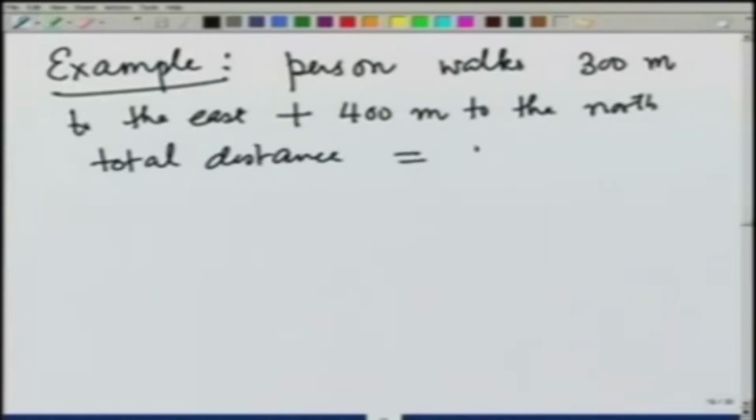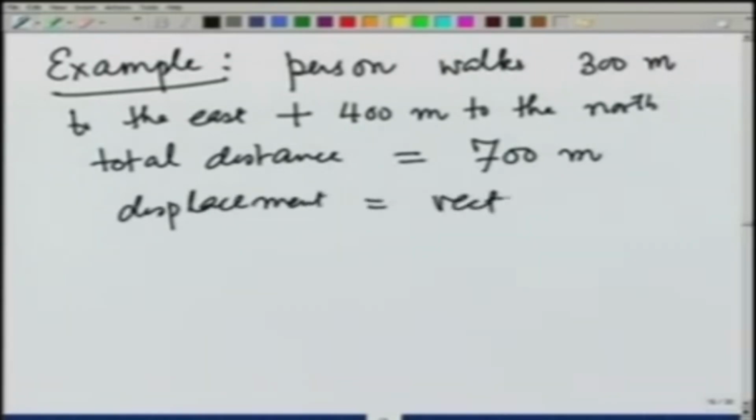This is obviously 700 meters, and then we ask what is the vector displacement, which is a vector quantity, of the person from the original position. To get that, we have to add the 2 displacements vectorially.